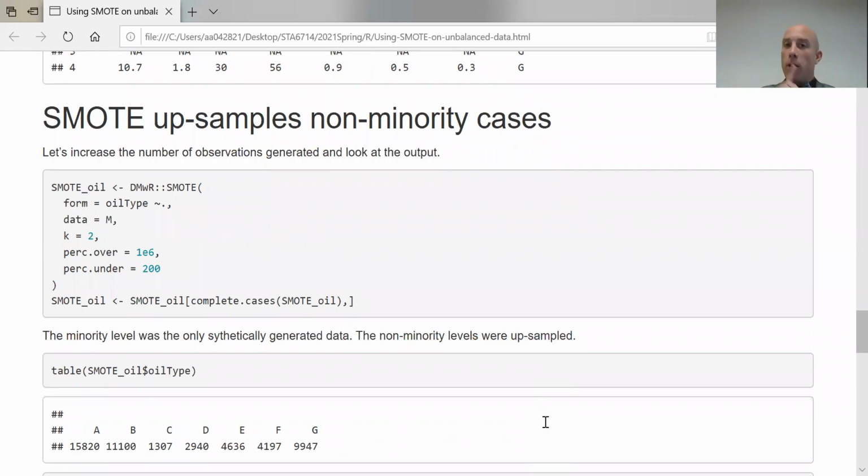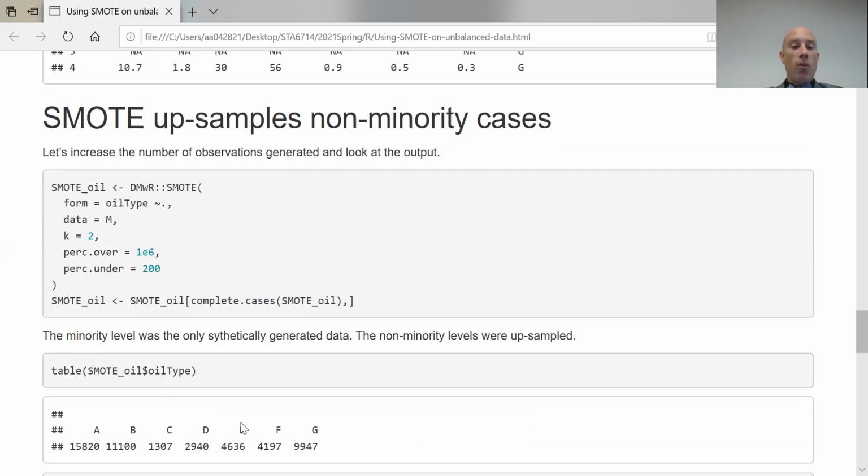Now, something else I want to point out: let's say this time I'm going to really crank up the number of the minority case generated, and I'm going to keep this the same at the default level. This default is actually relative to the perc.over value. It's going to generate some missing values, so I'm using the complete cases function to get rid of anything that's missing.